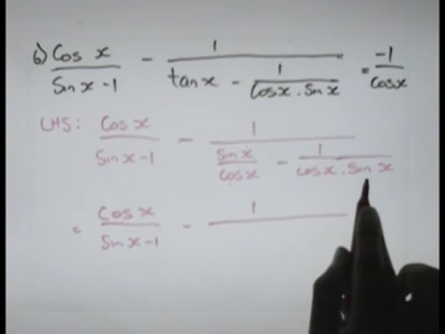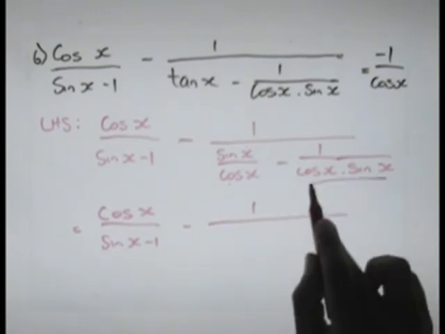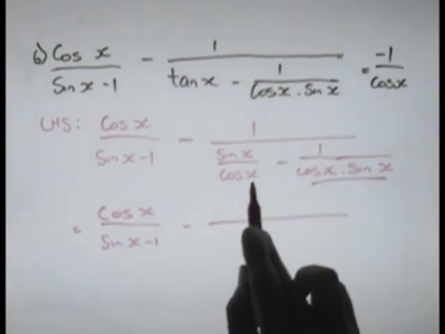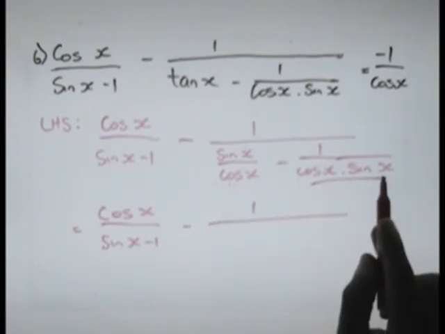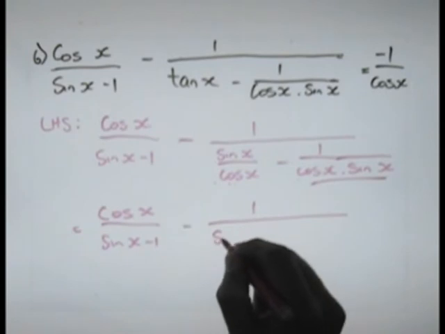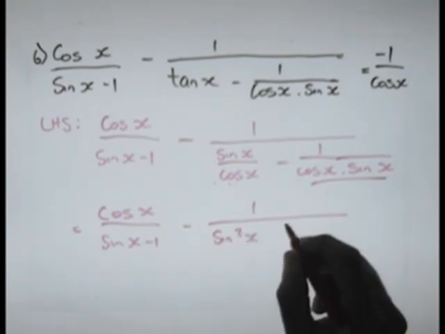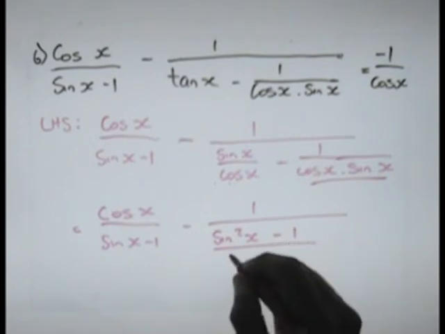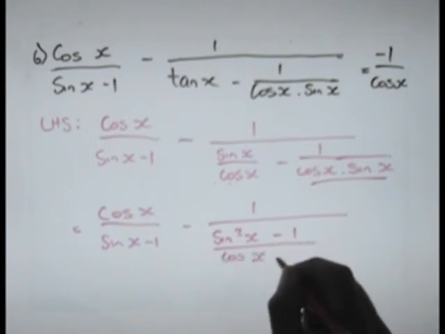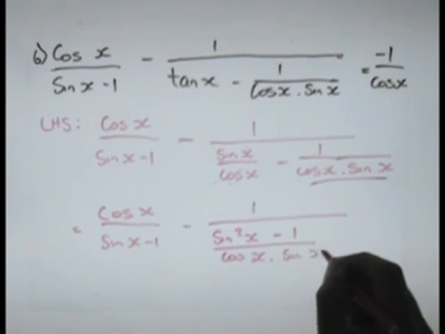Common denominator here is going to be cos x sine x. What did I have to multiply this by to make it cos x sine x? I had to multiply it by sine x. What I do to the bottom, I do to the top. So that will leave me with sine squared x minus 1 over cos x times sine of x.